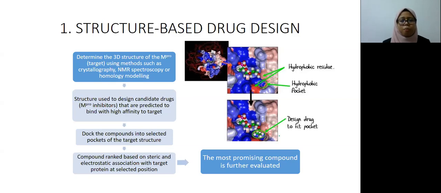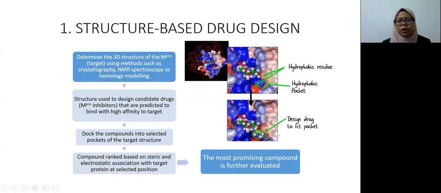For the CoV-Pro, the candidate drugs are the inhibitors for the CoV-Pro. So we will use a computer algorithm to position or dock the compounds into selected pockets of the target structure. As you can see here, this is the structure of the target that we have obtained.